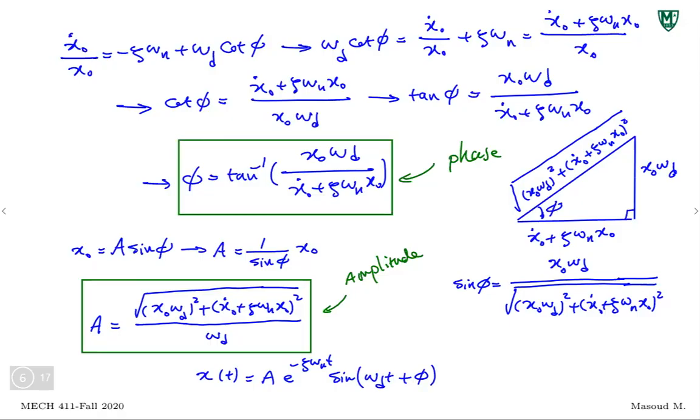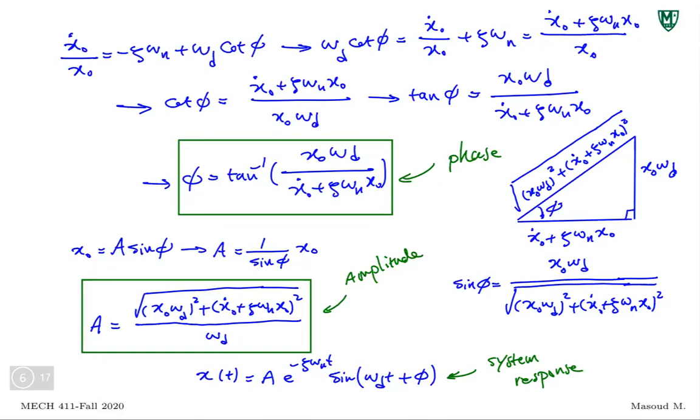And that would be your system response, as long as you know phi and A from previous equations. That's how your system responds to some given initial conditions.